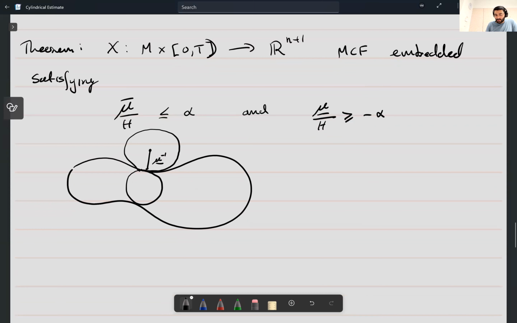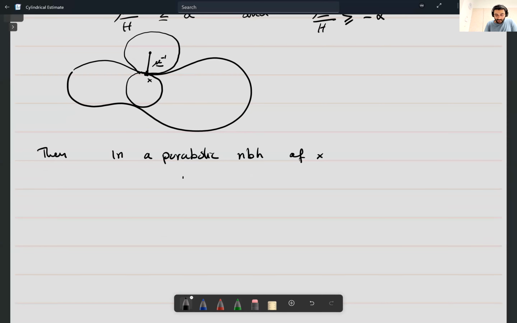So if I have something that has this interior non-collapsing property and the exterior non-collapsing property, then in a parabolic neighborhood, I'm not really writing this theorem properly because I'm going to prove it next week, of this point x, we have some kind of bound on the curvature.